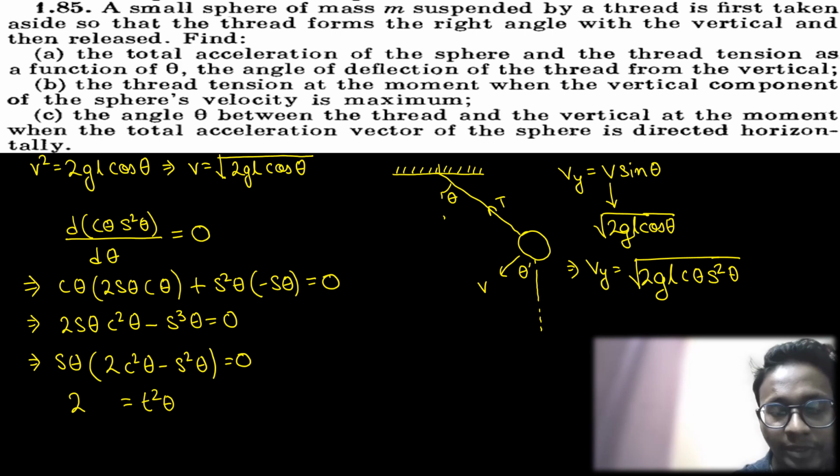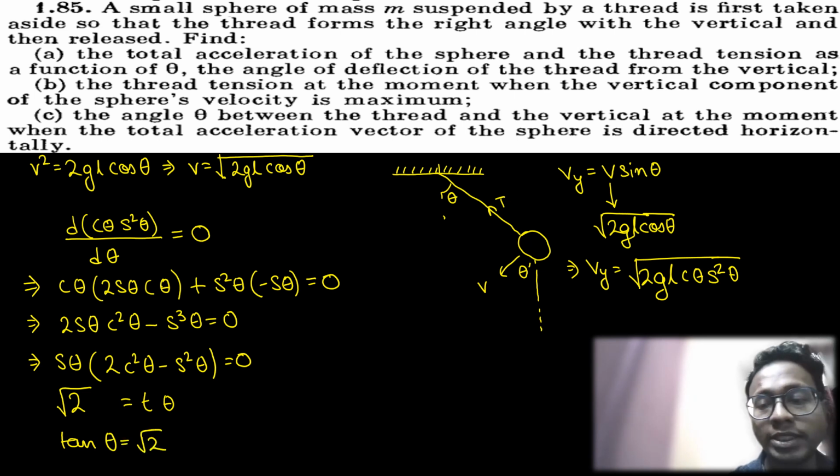Tan square theta is equal to 2, and tan theta is equal to the square root of 2. So the y component of velocity would be maximum when tan theta is equal to root 2. Now the question is asking, what is the tension out there?